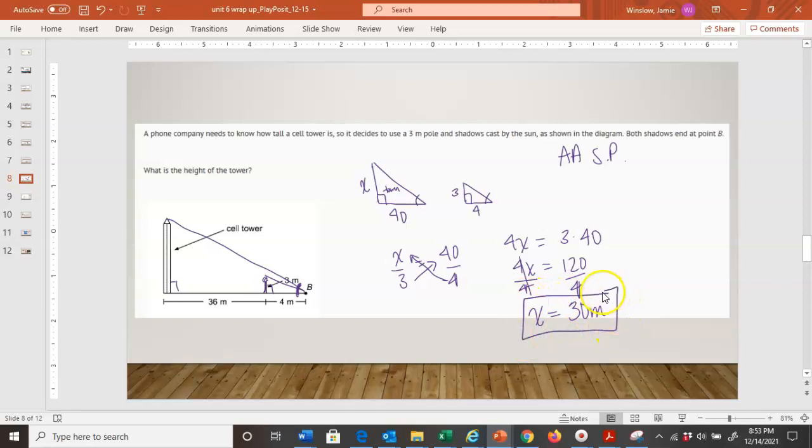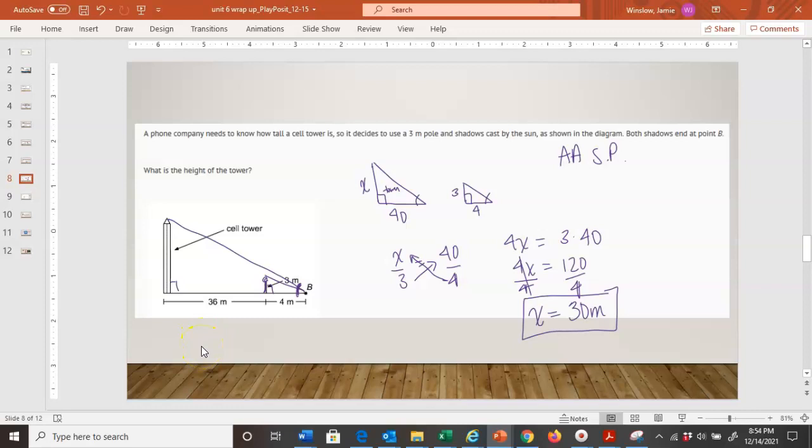So instead of having to find something that's almost over 90 feet tall to actually measure it, could you imagine taking a measuring tape and trying to measure this cell tower? No, we can use similar triangles to help us find the height of really tall things or things that are really far away.